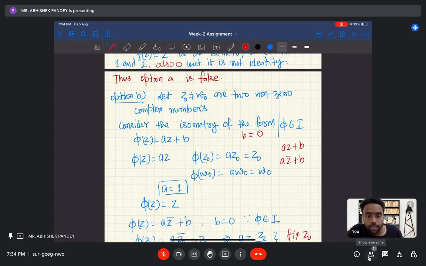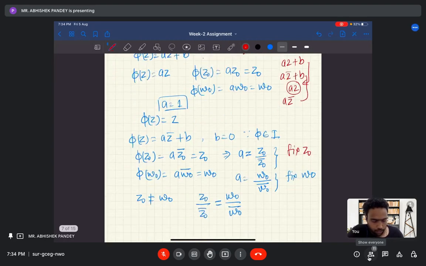These isometries have to fix the origin, so the first isometry becomes az, and the second becomes a z bar. Now this kind of isometry fixing two points is not possible unless it is the identity. This we have shown here. And for this kind of isometry, we got this condition. Is it clear? Yes, sir. Okay.